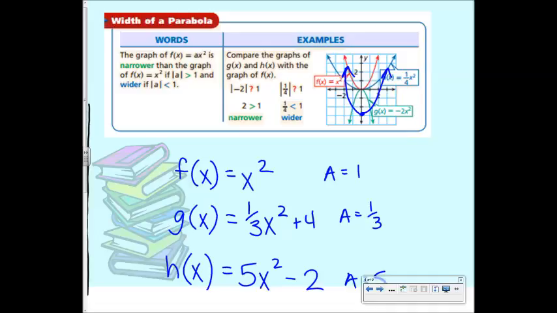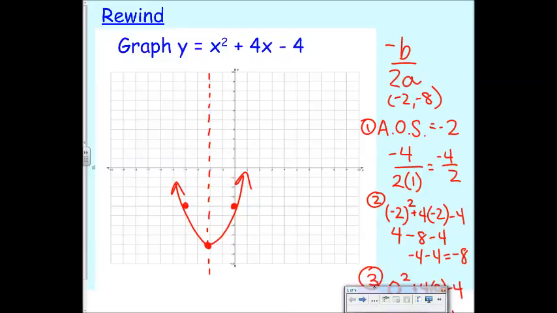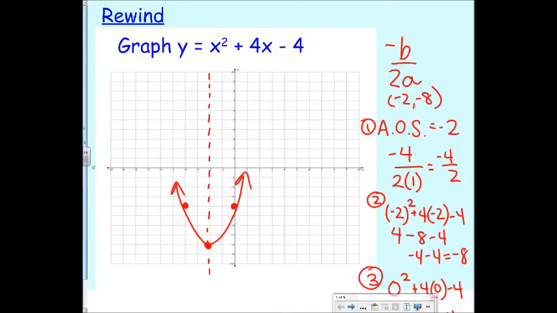The y-intercept, exactly. Which, let's take a look back at the very beginning. What was our y-intercept of this graph? -4. Does anyone see where that might come from in the equation? Letter C in the equation is your y-intercept.